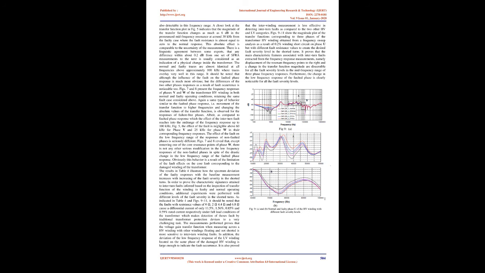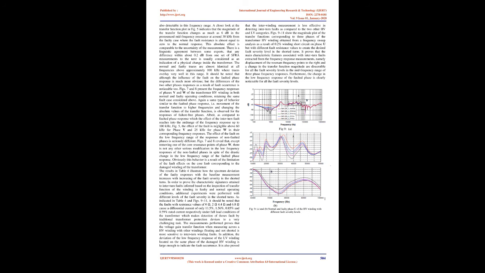It should be noted that although the influence of the fault on the faulted phase response is much more obvious, the differences of the two other phases' responses as a result of fault occurrence are noticeable too. Figs 7 and 8 present the frequency responses of phases V and W of the transformer HV winding in both normal and faulty operating conditions, retaining the same fault case considered above.